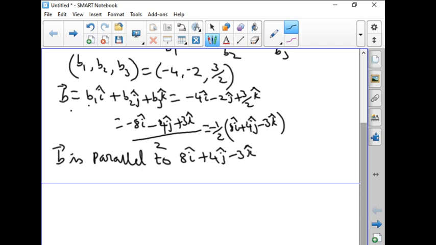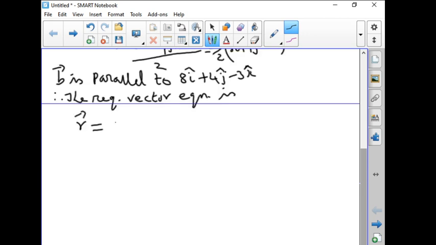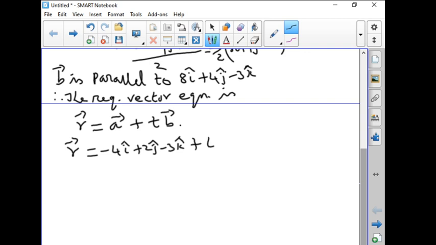Therefore, the required vector equation is r vector = a vector + t b vector, that is r vector = -4 i cap + 2 j cap - 3 k cap + t (8 i cap + 4 j cap - 3 k cap). So this is the vector equation.